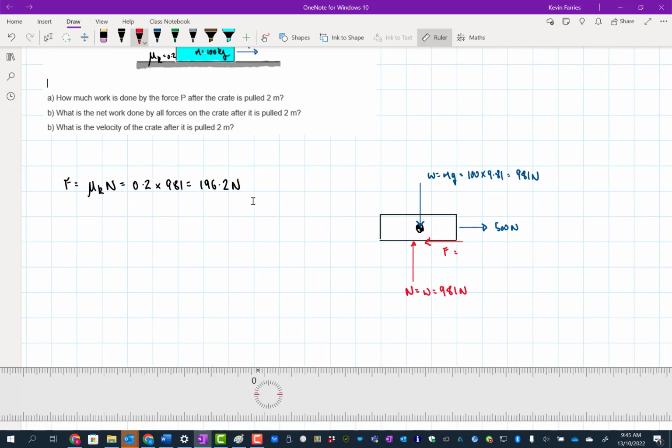So let's add that to our free body diagram as well, 196.2 newtons this way. Then it's going to move 2 meters.